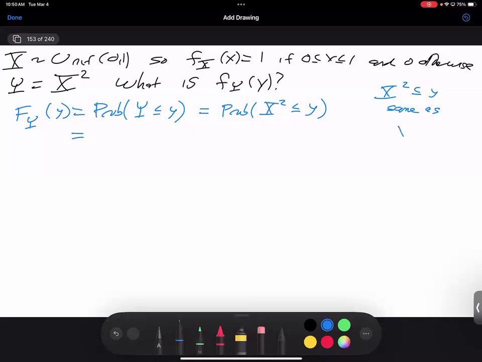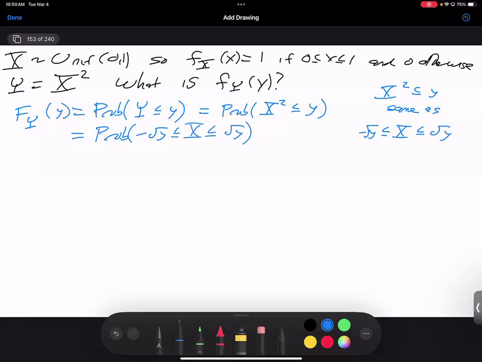Almost. So X is less than or equal to the square root of y. What else could be true? Negative, right. So we know X lives between minus root y and root y. So this is the same as the probability that minus root y is less than or equal to X less than or equal to square root of y.